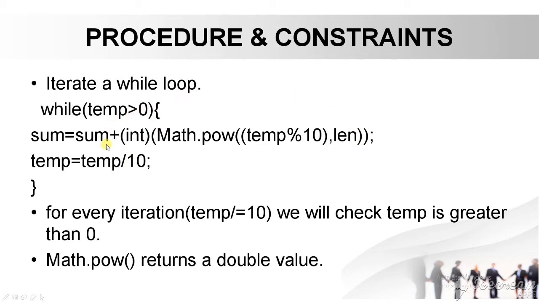So I am typecasting to integer, and after that I am updating the temp value to temp by 10, because after 153 we need another single digit number, so I am updating to 15. After that 1. This while loop will be iterated until temp is greater than 0.